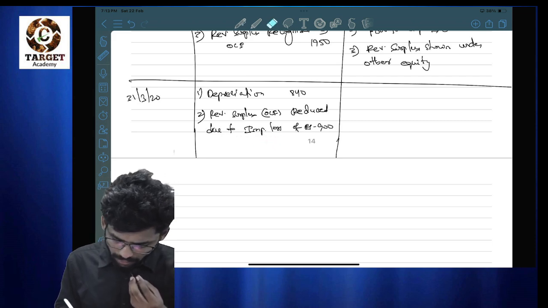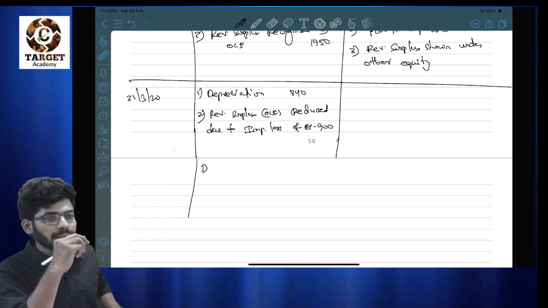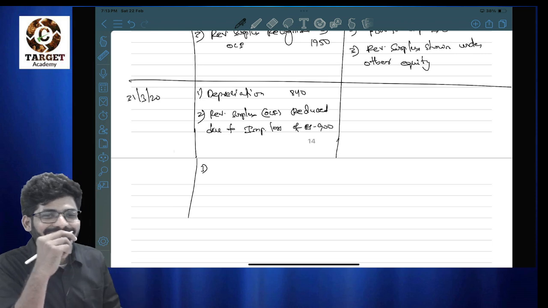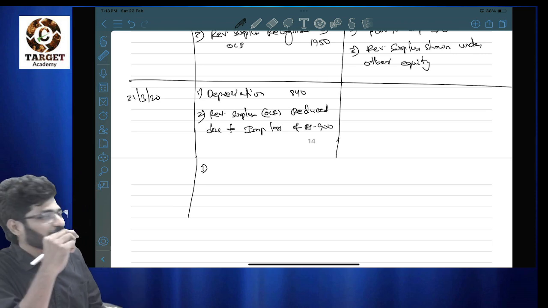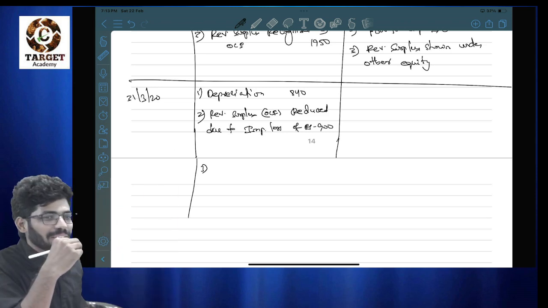First point. Okay. One more point. Basically, technically, logically, finally, we need to transfer to retained earnings. How much amount? That is my question.